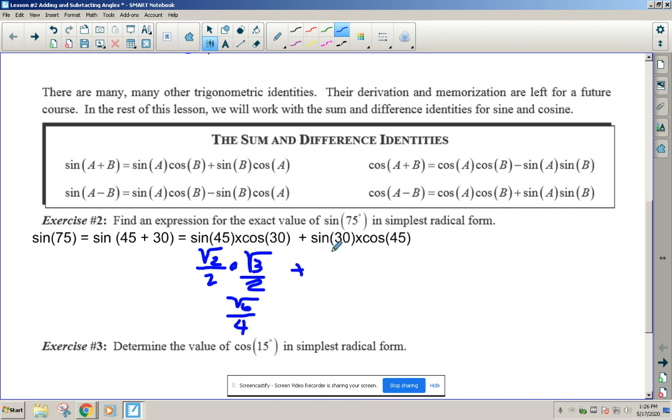Now the sine of 30 is 1/2 from your table. And the cosine of 45 is rad 2 over 2. So now these two multiplied together is going to give me rad 2 over 4.